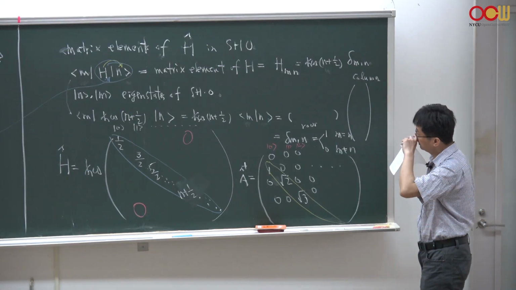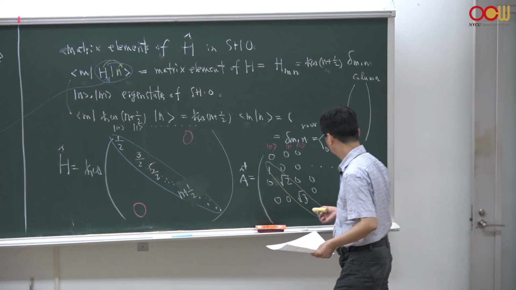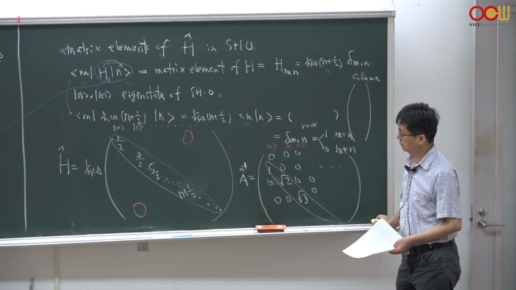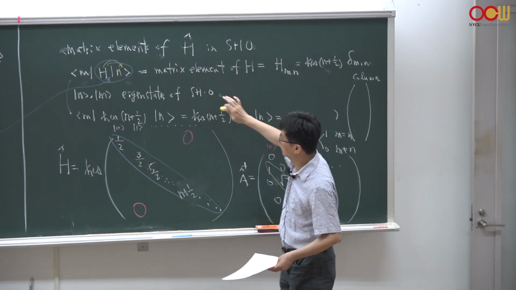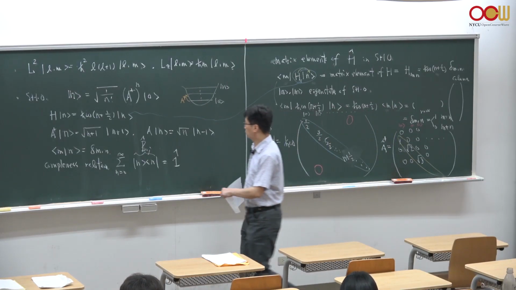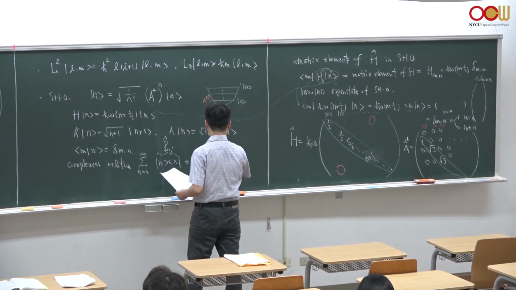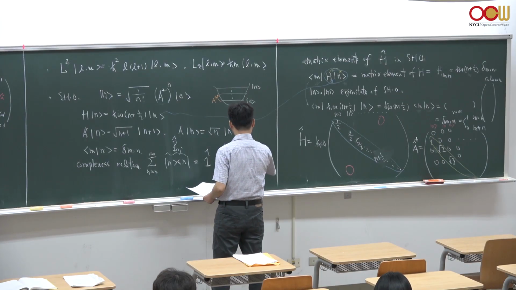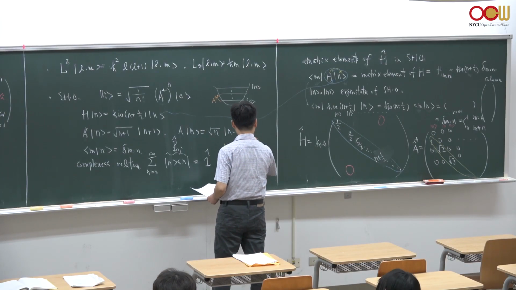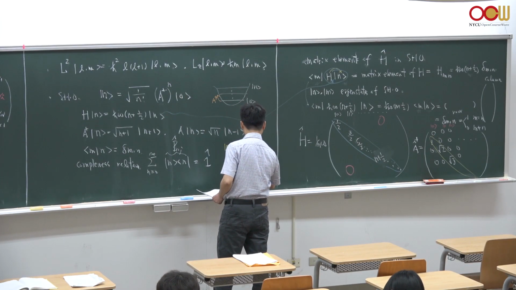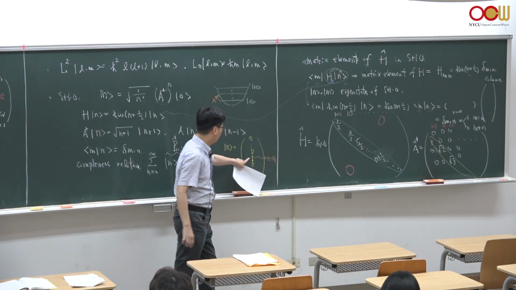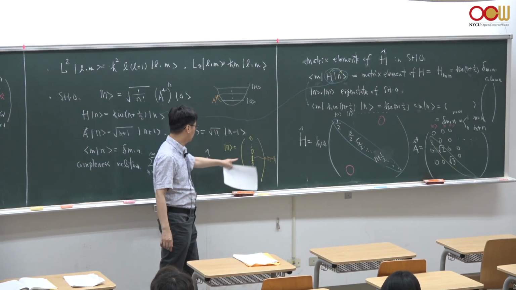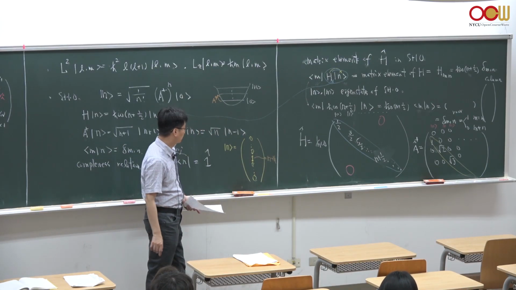Okay, so let me just mention this, say, the matrix representation of the eigenstate. In the harmonic oscillator problem, we could very easily construct this state n as a Dirac ket state, which is a column matrix, which is normalized to 1 only in this nth component. All the other matrix elements are 0.